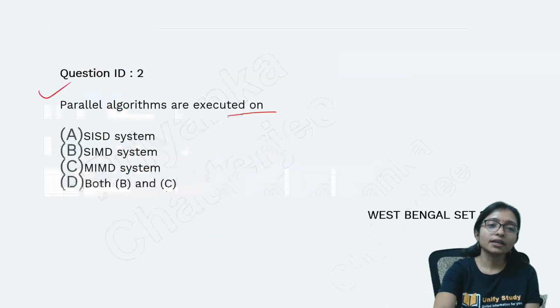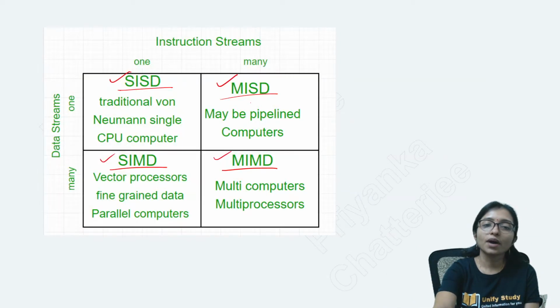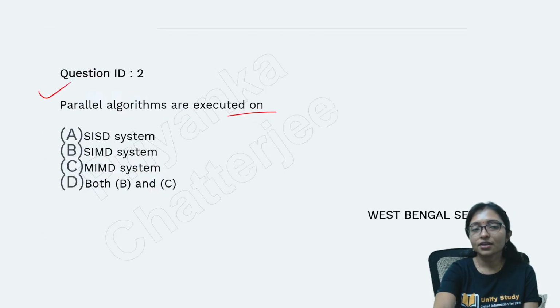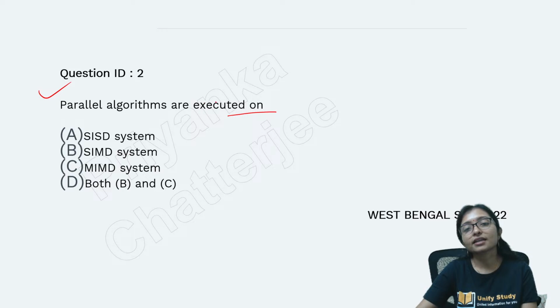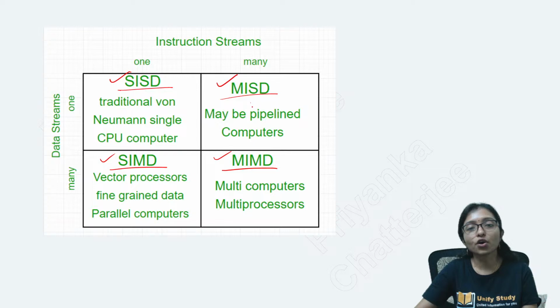So that's why your answer will be what? Definitely, your answer is which one? Parallel algorithms are executed on. Definitely not SISD, because SISD is not parallel. SIMD and MIMD both, because here also we are doing multiple instruction, single data.